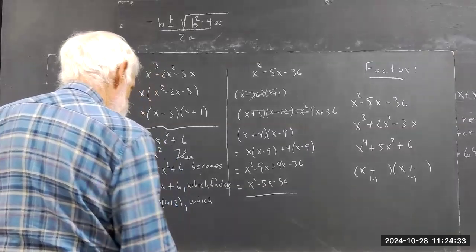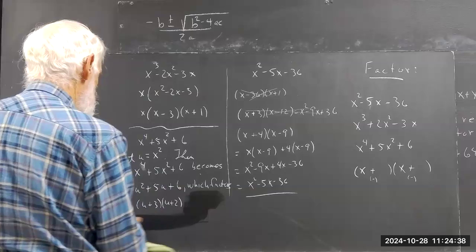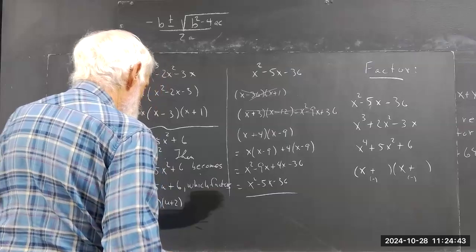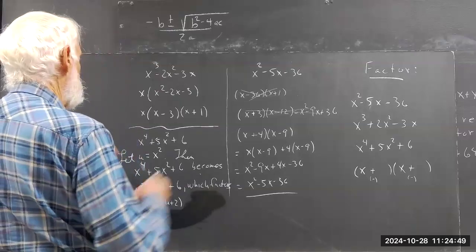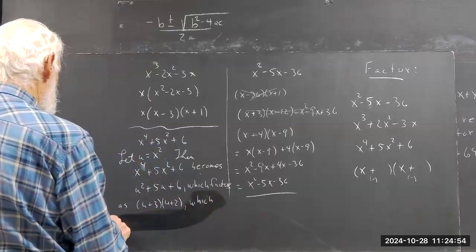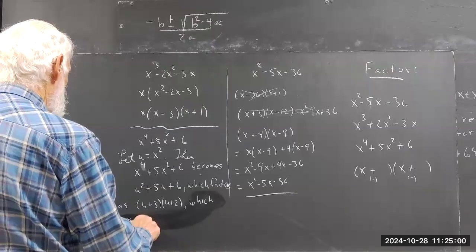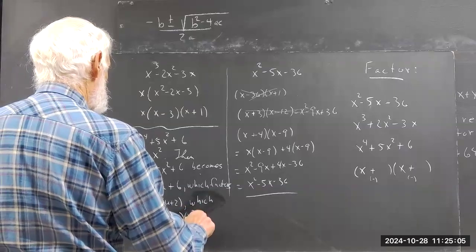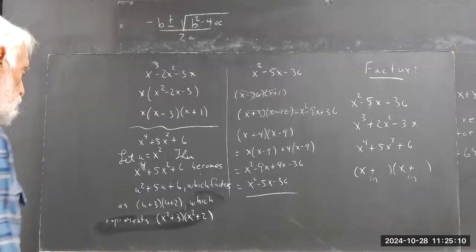Now, actually, I didn't need to erase that. Okay, which represents x squared plus 3 multiplied by x squared plus 2. Now you check.